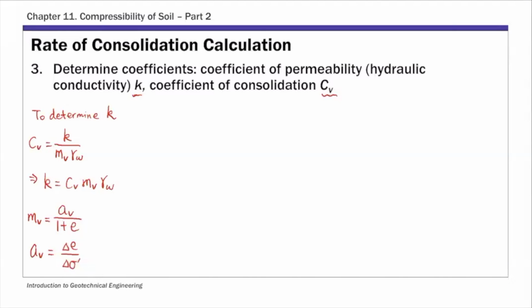So that's called coefficient of compressibility. And gamma_w here is the unit weight of water, of course. Okay. So m_v, again, coefficient of volume compressibility.